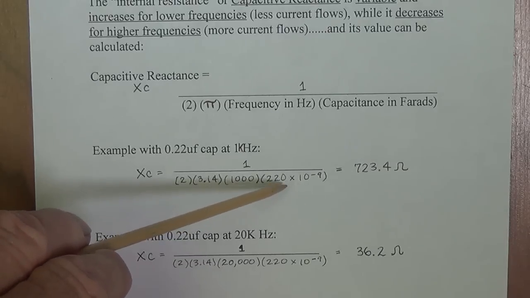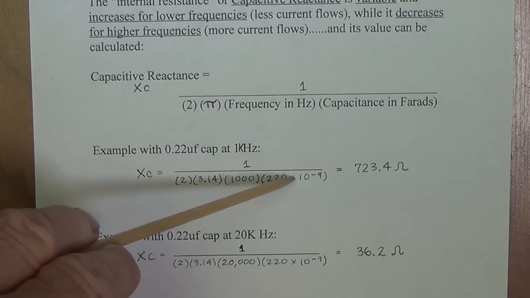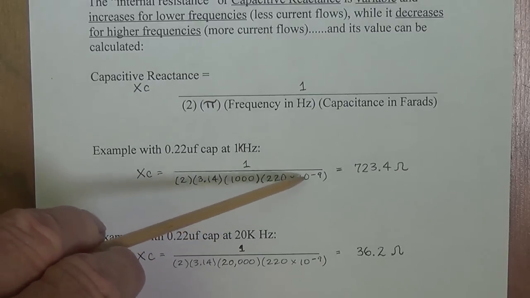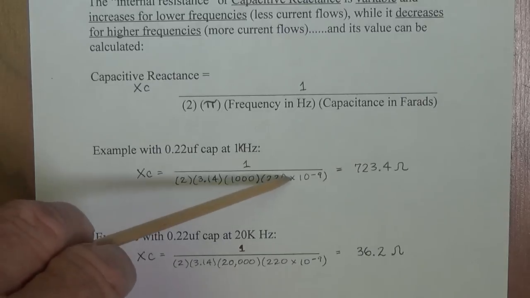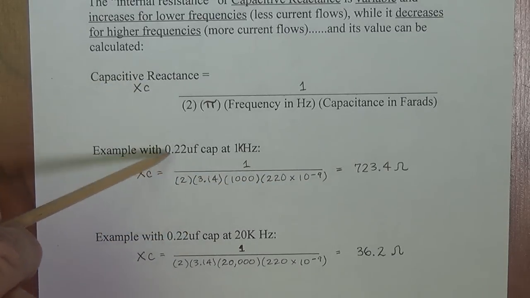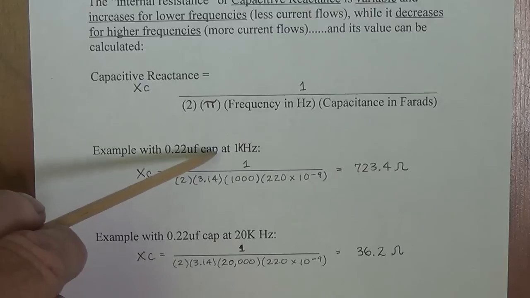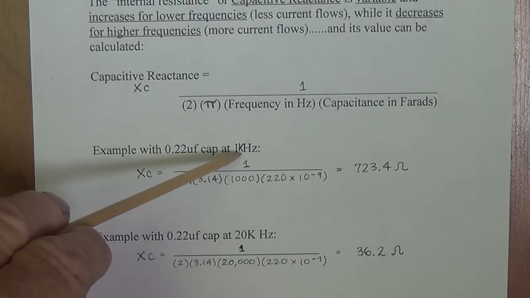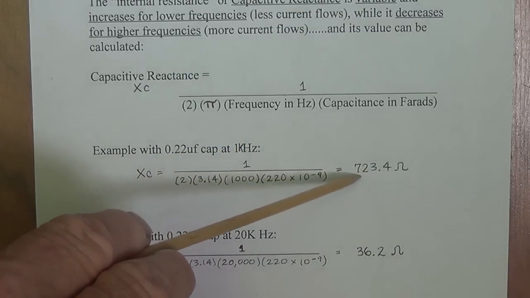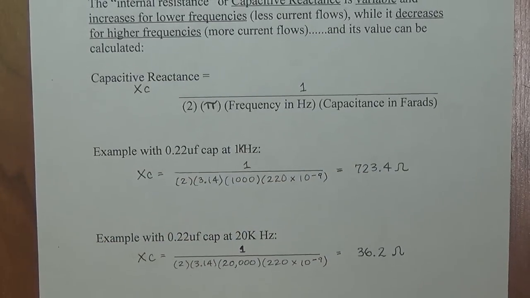And there are tables which will help you do this, but it ends up being 220 times 10 to the minus 9th farads. We multiply that out, and we see that the capacitive reactance for a 0.22 microfarad cap, when presented with a 1,000 cycle per second signal, is equivalent to 723.4 ohms of capacitive reactance.